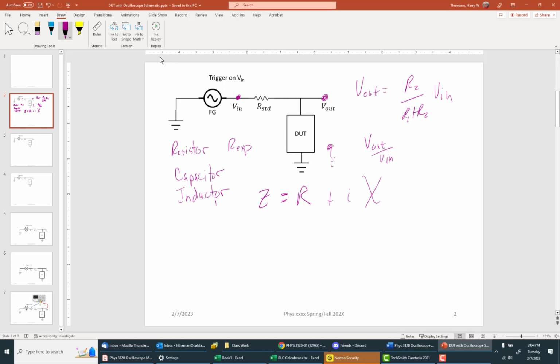So that means, first of all, if we remember anything about complex numbers, if we want to know the magnitude of Z, we treat this as a triangle, and the reactance is on the imaginary axis, and the real part is the real axis. And we add these things in quadrature.